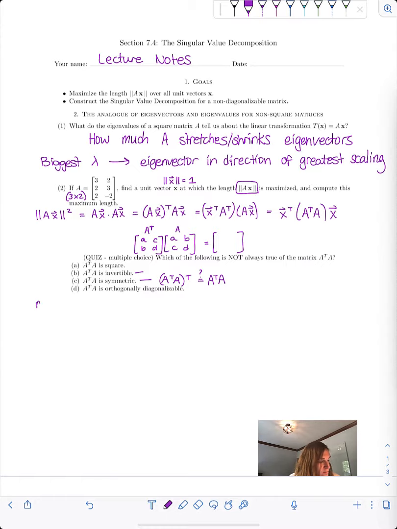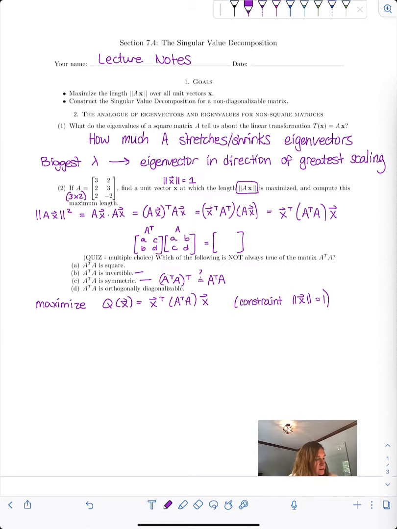We need to maximize, so we're trying to find the maximum value of the length of Ax. We now know the squared length looks like a quadratic form, Q of x equals x transpose times our matrix times x, subject to the constraint that the length of x has to equal 1.